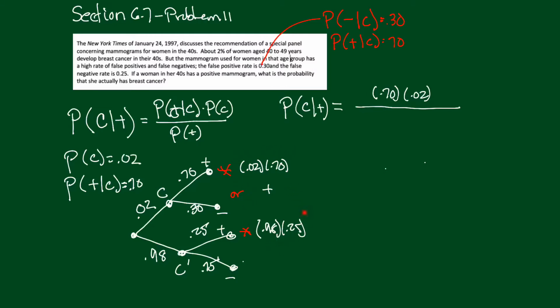So it's 0.02 times 0.70, which matches the top, right? Just a different order, but these are not going to cancel because we've got a plus here. You don't cancel common terms, you cancel common factors, but these are not factors. Plus the bottom one, which is 0.98 times 0.25.